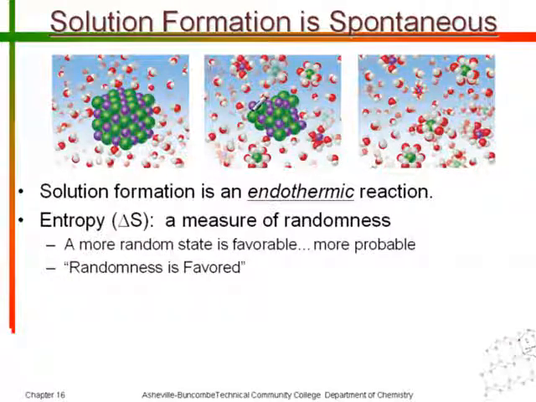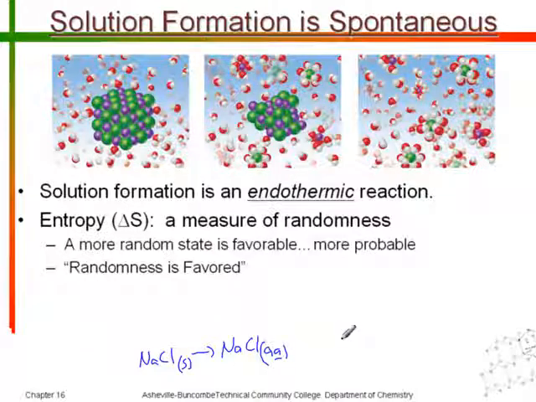If you take a beaker full of water and put a little bit of sodium chloride in it, what are we describing? Something very simple: the formation of salt water. This happens very easily. Any salt that's soluble in water goes into solution easily.